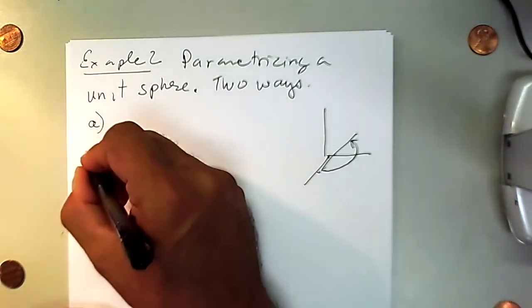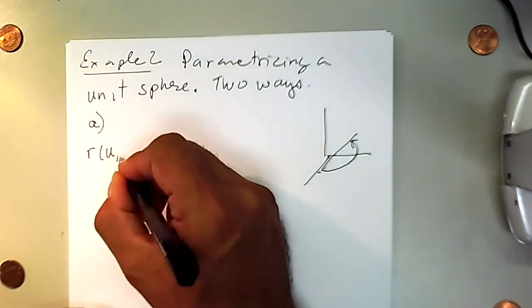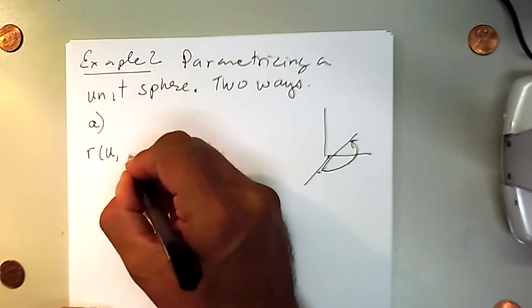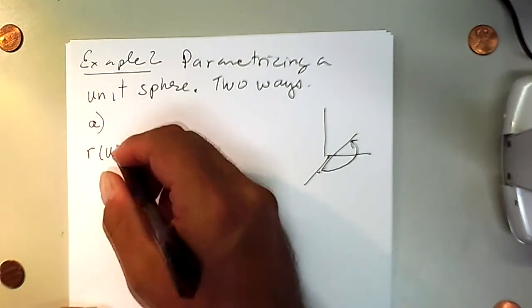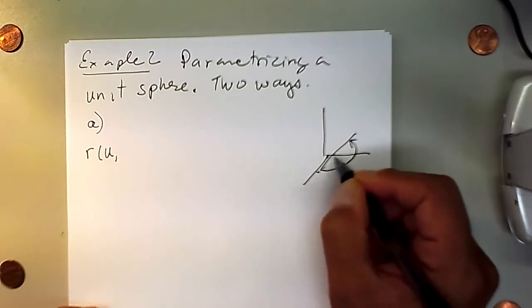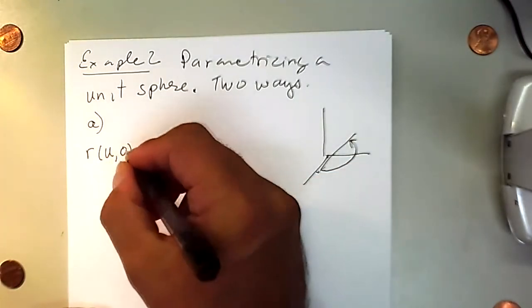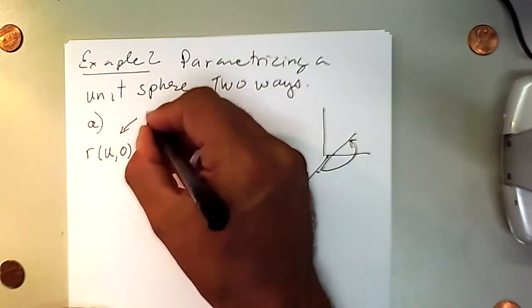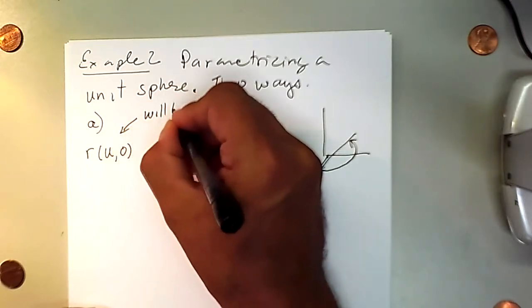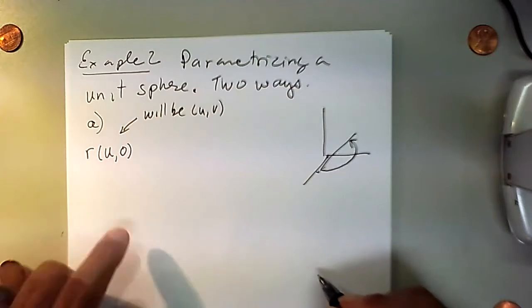Now, the R we're going to build will have two components, u and v. I'm not going to put the v in the picture yet, because the v will do the rotation around the x-axis. So for now, let's keep it as 0. But eventually it will be uv, not just u0.